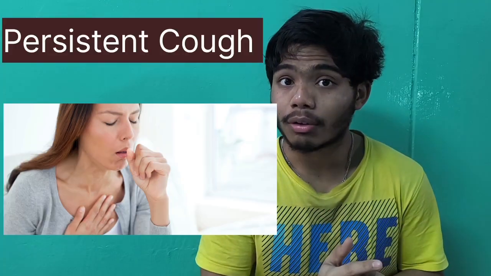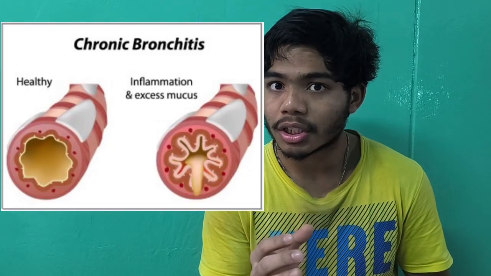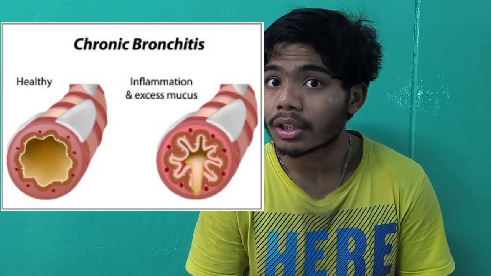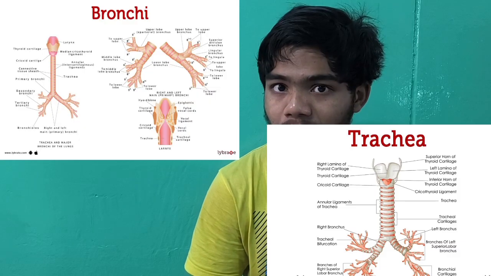So now let's discuss the clinical features of chronic bronchitis. The first clinical feature is the persistent cough. Now I'm going to discuss the cause of this persistent cough. As you already know, in chronic bronchitis, due to irritation, excessive mucus is produced in the lumen of the bronchi and trachea.